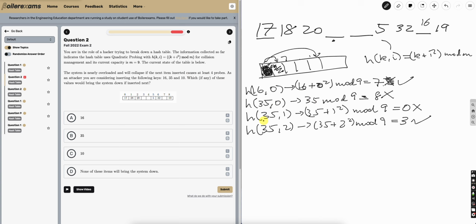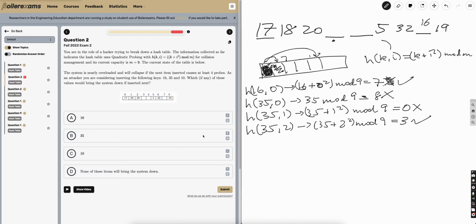Of course, you can also run through all of the h(10, 0), h(10, 1), 2, etc. But I think there's a better way to check why 10 is the correct answer.